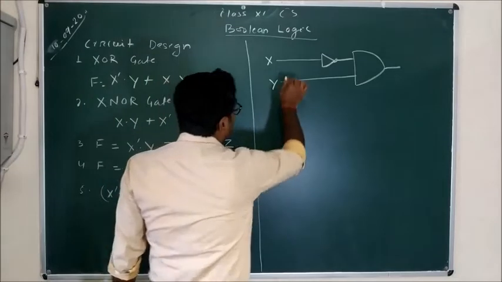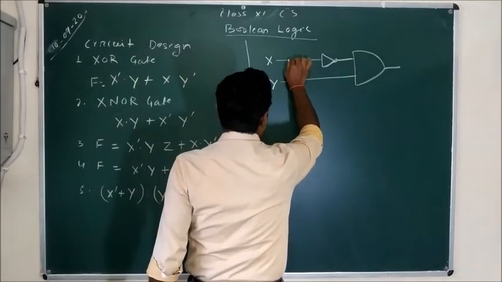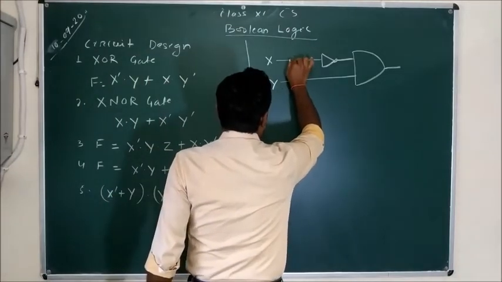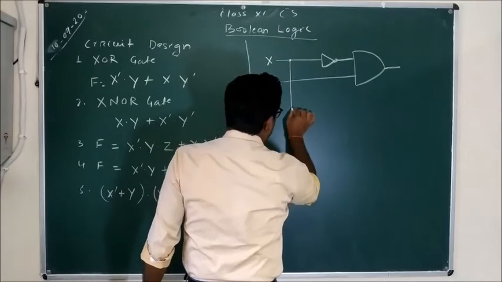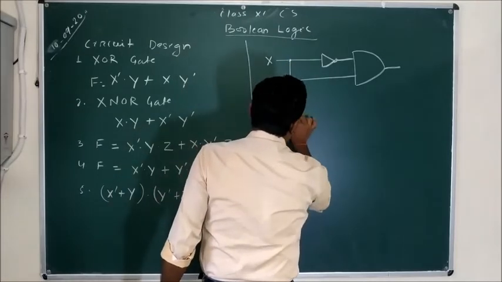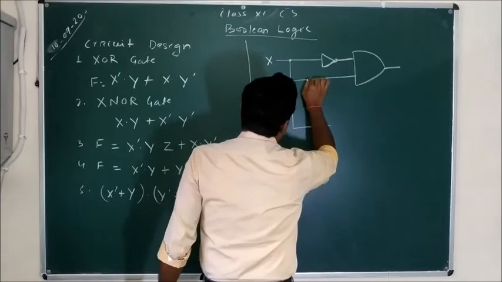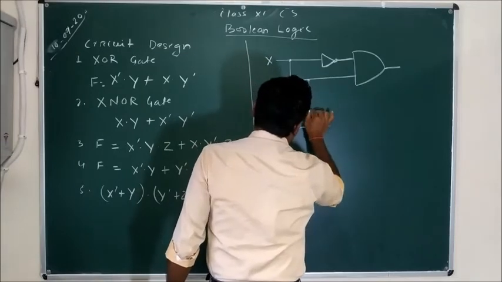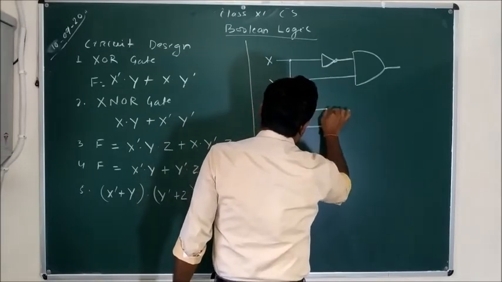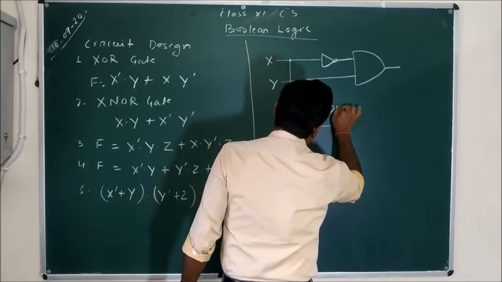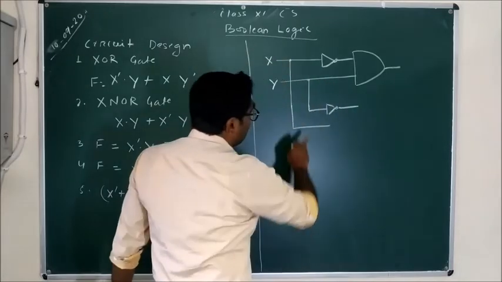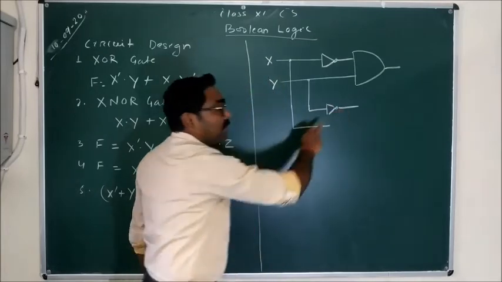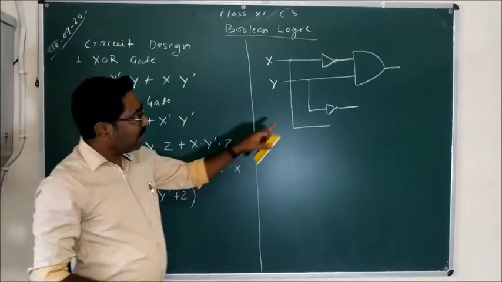Now I am taking X from this, and from this I am taking Y. For getting the Y dash, I am passing Y through a NOT gate. So this is the Y and this is the Y dash. I think you can get it.